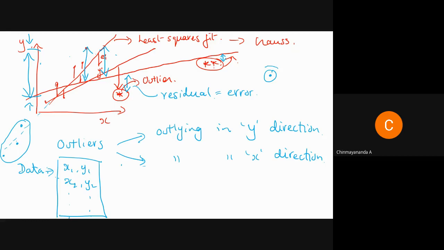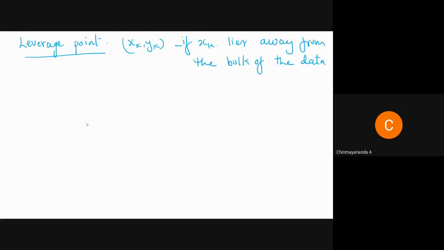So I'm not worried about what the y coordinate is telling me, but the only thing I want is that the x coordinate, that is this part, is away from my bulk of the data. Such a point is known as a leverage point. This is fine, right? The definition. Yes.